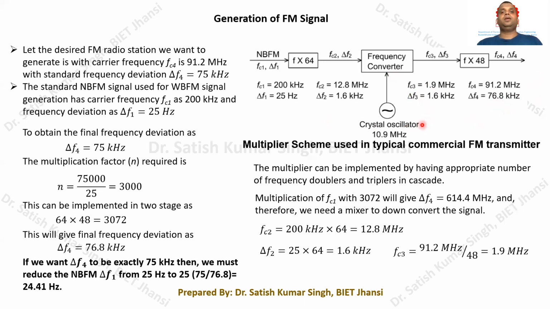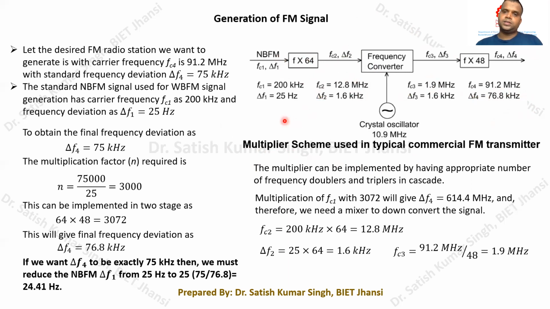This is the way of generation of the WBFM signal by the indirect method, in which we first generate the narrowband FM signal, and then it is passed through appropriate multiplier stages and frequency converter stages to generate an FM station of a desired radio frequency and frequency deviation. By this discussion, you must be able to follow the indirect method of generation of the WBFM signal.